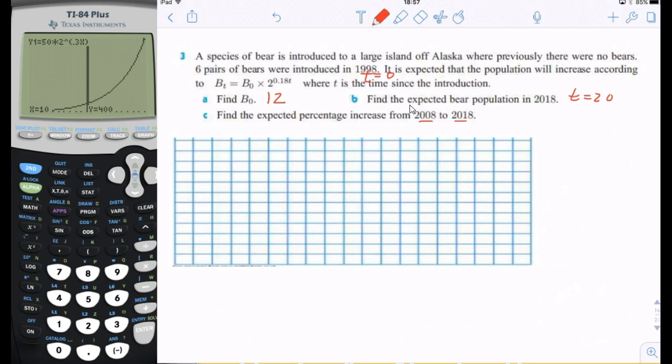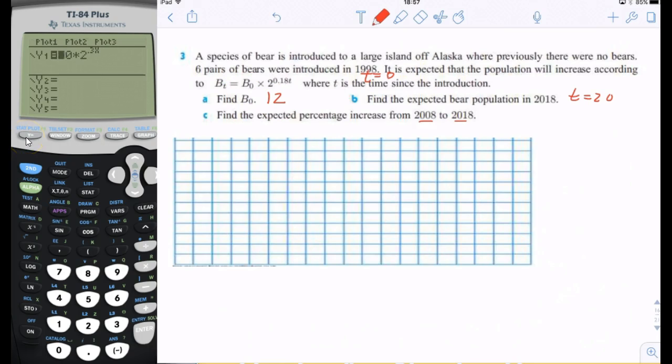And we have a space to draw a graph here, but you don't need to draw the graph. They never asked us for the graph, and we can use the calculator and just use the table to get this data, so we'll do that, okay? So we know that the function looks like this, and instead of b subscript 0, we're going to insert 12 because that's the initial population.